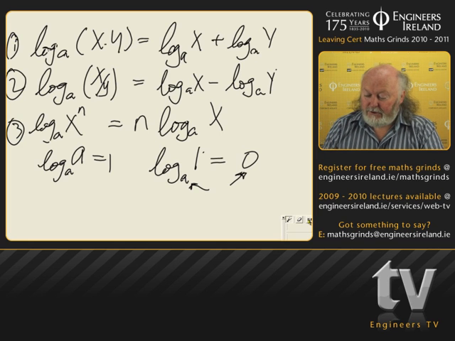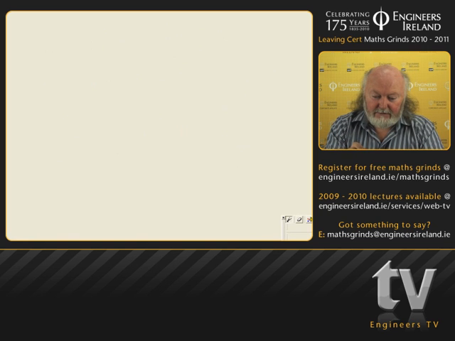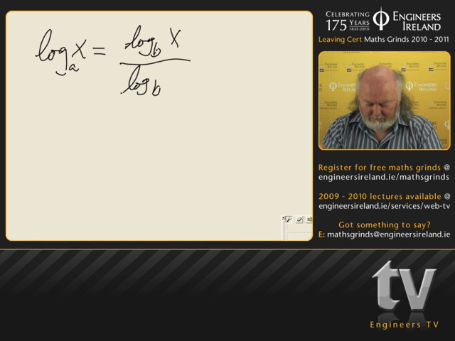Now the one I particularly want to chat about is the one that's often put down as a fifth law, but they never seem to explain why this is useful. What are we looking at?